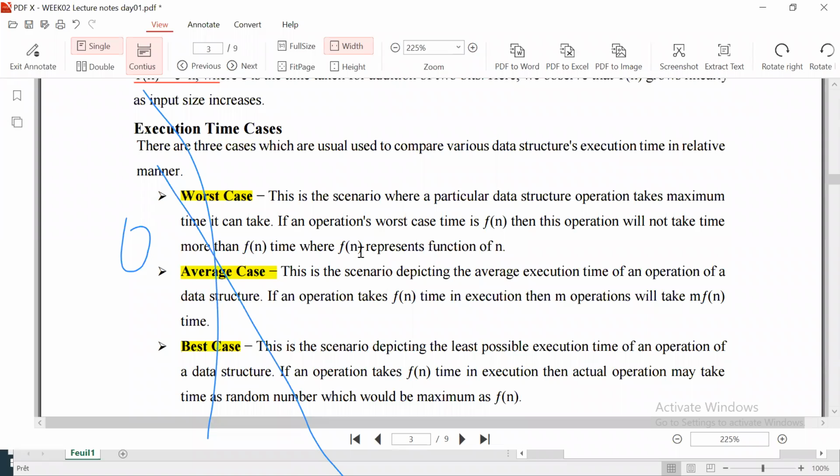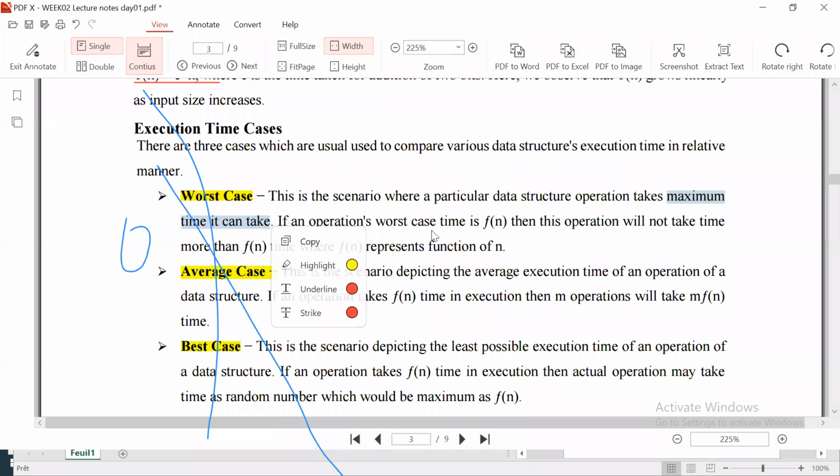That is to say that if you want to determine the worst case execution time of an algorithm, you are going to look at the highest time, or the maximum time that that algorithm can ever take at a given value.